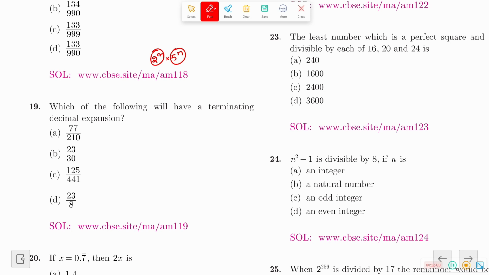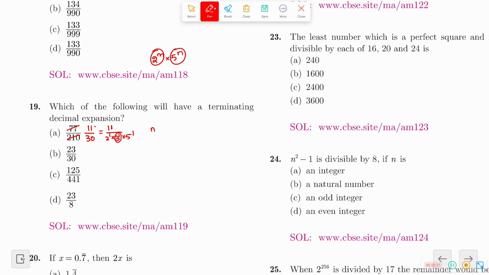If you observe here, the first one, you can cancel. After cancellation it is 11 by 30, which is 11 by 2 power 1 into 3 power 1 into 5 power 1. Here along with 2 power 1 and 5 power 1, we have 3 power 1 also.